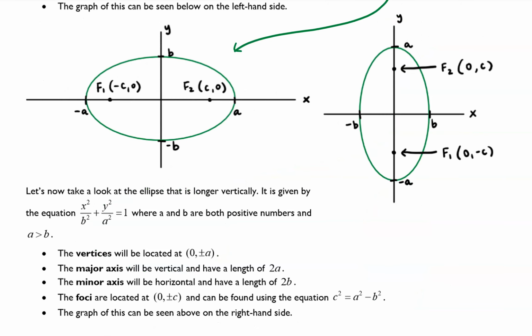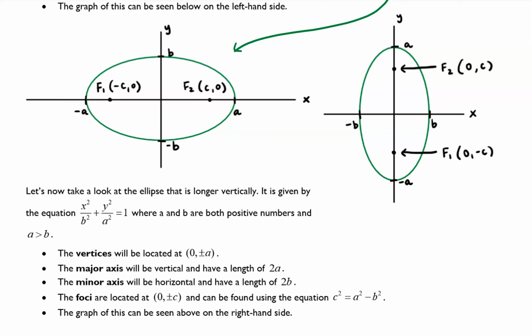Let's now take a look at the ellipse that is longer vertically. It is given by the equation x squared over b squared plus y squared over a squared equals 1, where a and b are both positive numbers and a is greater than b. So a lot of this stuff is similar. The vertices will be located at 0, plus or minus a.